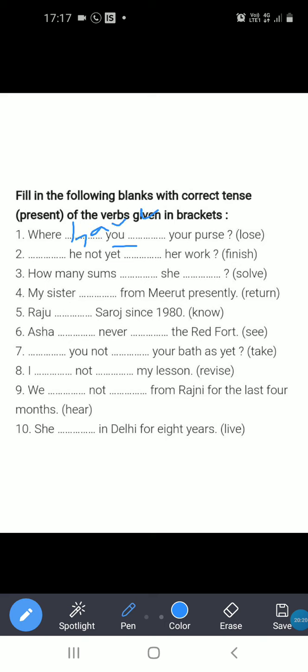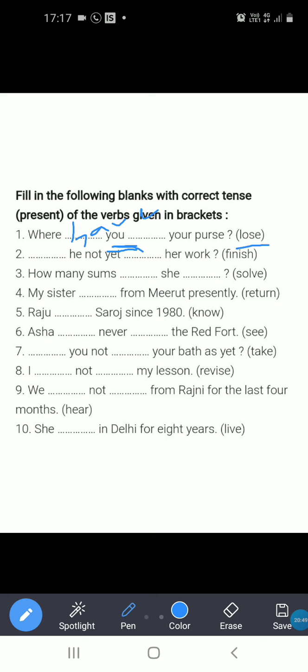First of all, before filling this up, we will focus on the subject only, because we use auxiliary verb according to the subject. If subject is singular, then we will use has. If subject is plural, we will use have. So first of all, focus on subject. Whether you are using the auxiliary verb in starting or in the middle, you have to first focus on the subject only.